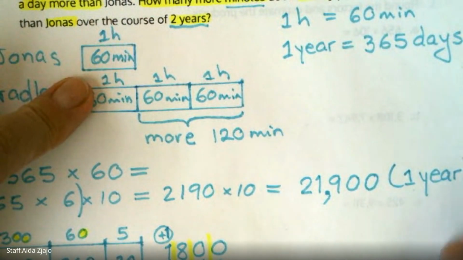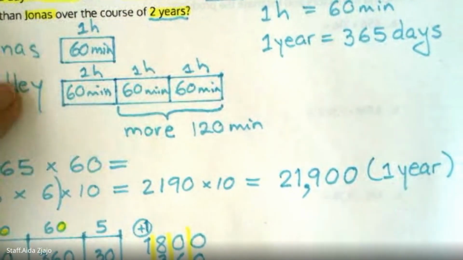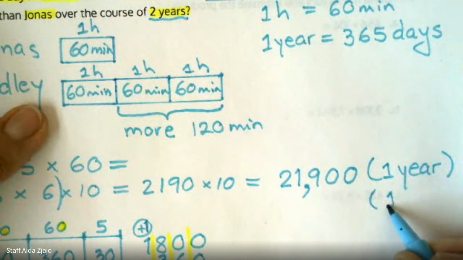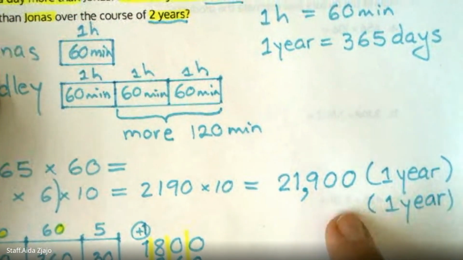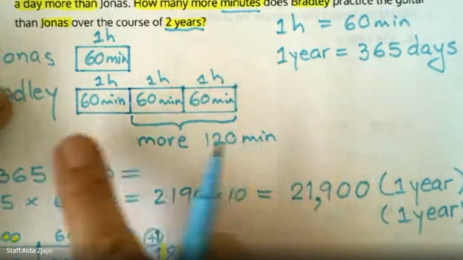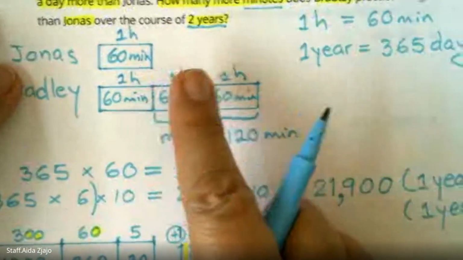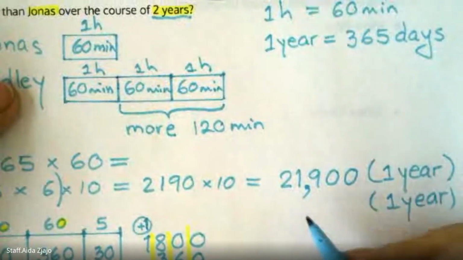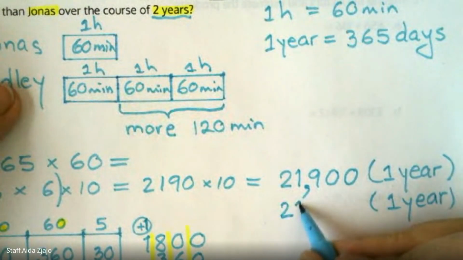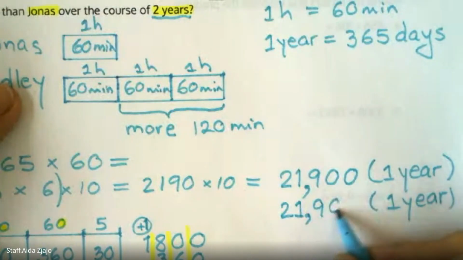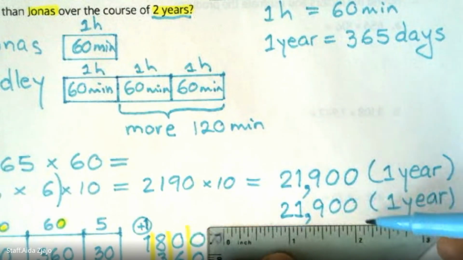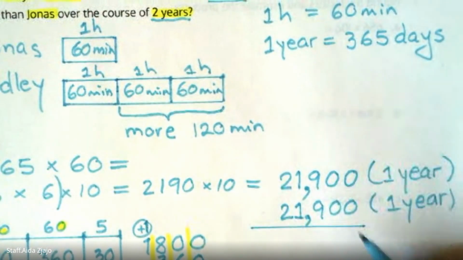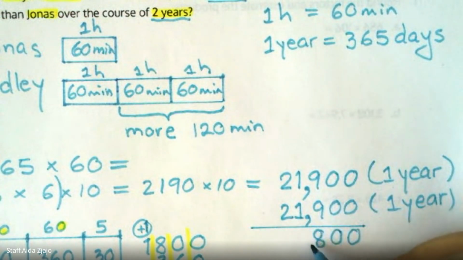So if we did add one more year here, then it will be how many minutes Jonas did in 2 years. So we're going to do adding 21,900 and 21,900. 9 plus 9 is 18.